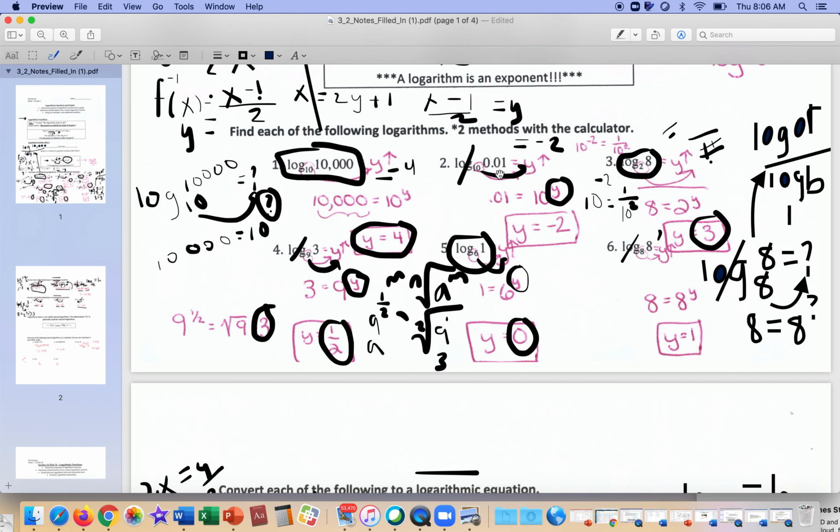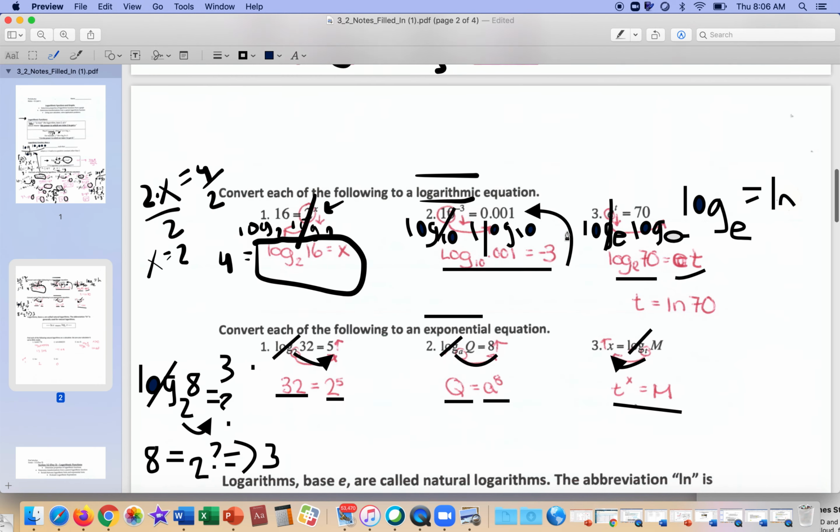If you use your calculator, you'll see the letters LOG on the left hand side. So you do log 10,000 divided by log 10, enter, and it says 4. Log 0.01 divided by log 10, enter, it says -2.